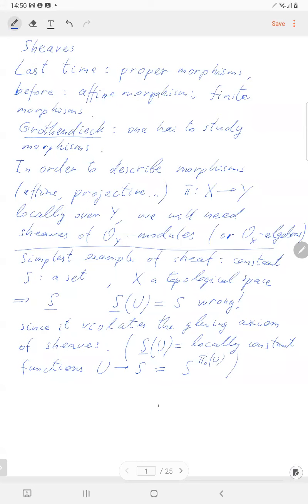But what we have actually constructed in this naive, stupid way was just a presheaf. What is the index on pi? Pi naught is the set of connected components. Thank you. So this suggestion is also sensible, and it is only a presheaf.